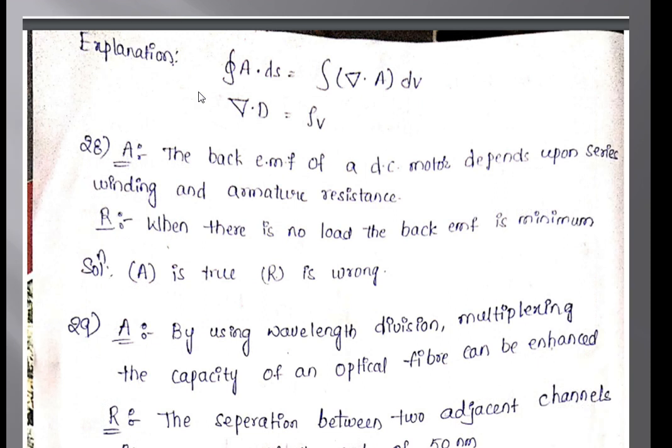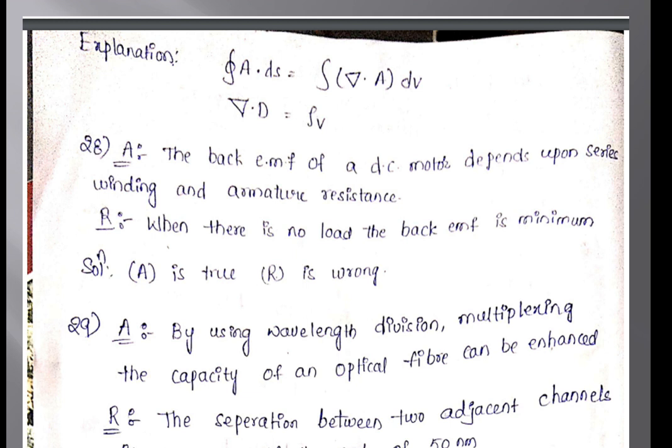So here the assertion is true, and the reason is also true. The formula is given by the closed surface integral of A·dS equal to the integral of del of A into dv. So next comes the 28th question.